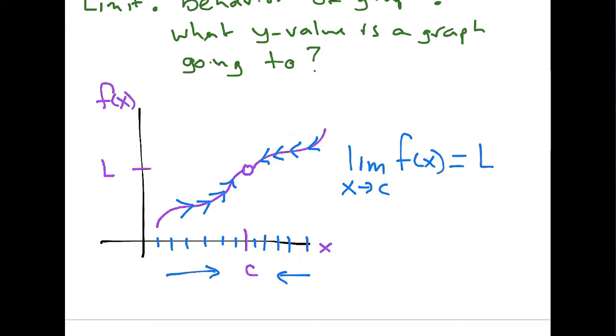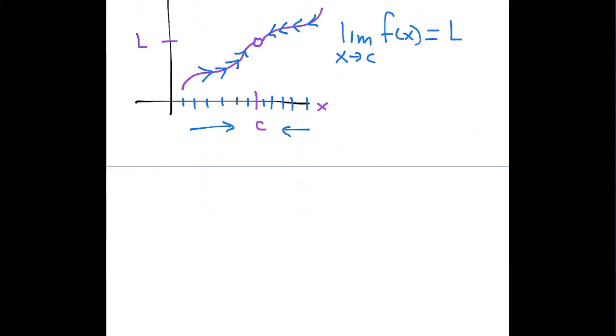And in this case, it's getting to the value L. It may never get there, and that's not really an important thing. We just need to know that it's approaching there. So it's the behavior of the graph. Kind of leads us into the next thing.